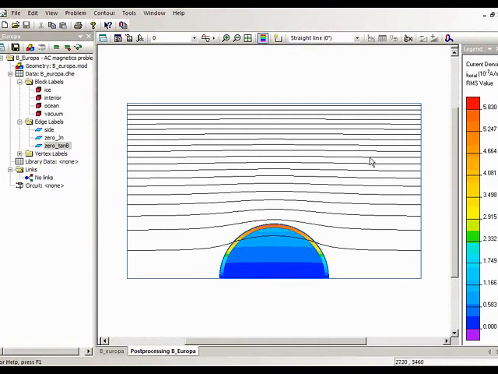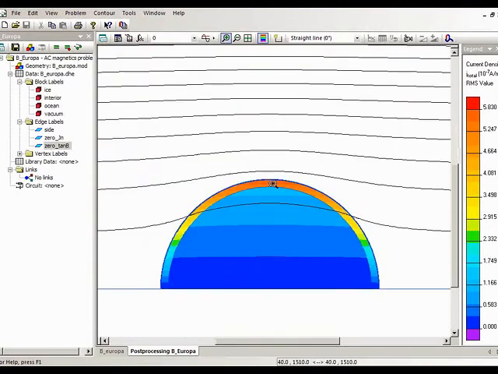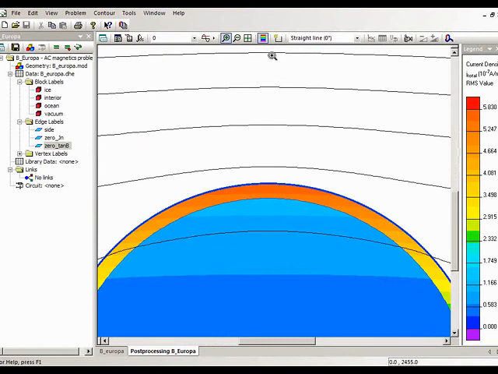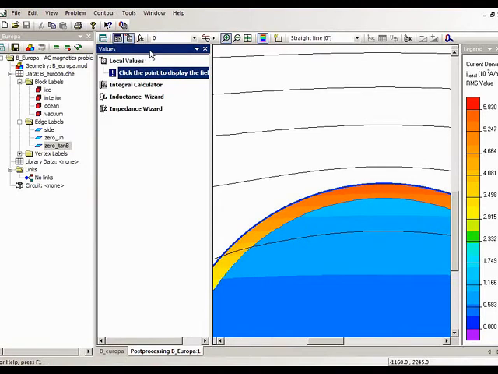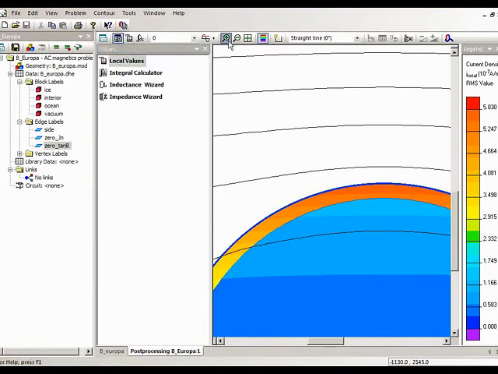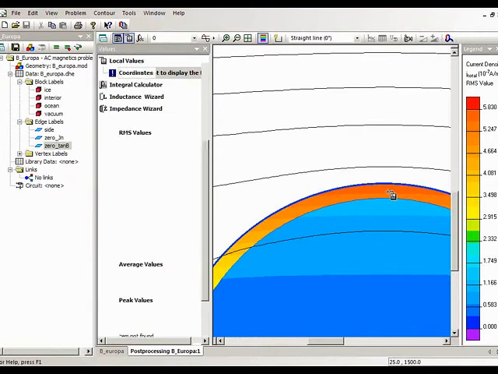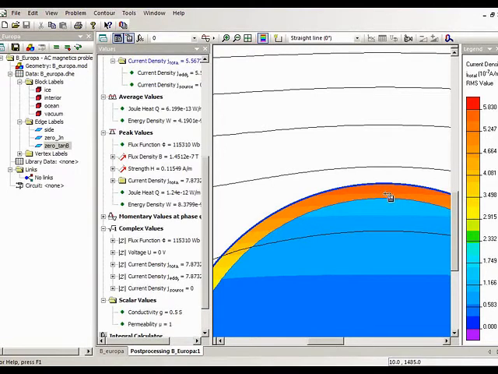Jupiter's magnetic field is purely z-directed at the location of the moon here, and we can see the current density flowing, and we can look at its peak value and so forth here. We have a peak value of the current density near the equatorial region that I can look at with my selection tool here.